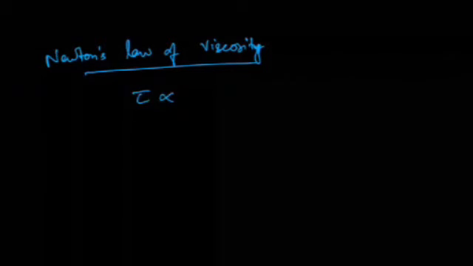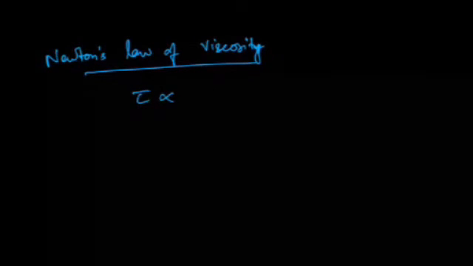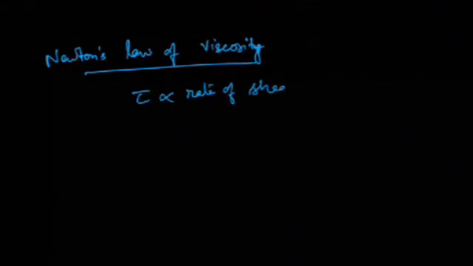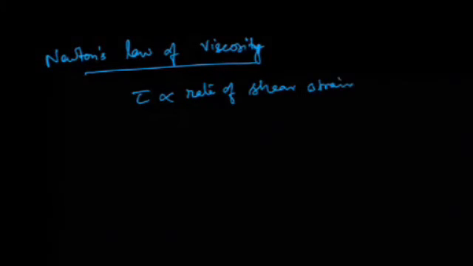Now we'll see the law which is related to viscosity, called Newton's law of viscosity. It states that the shear stress tau is directly proportional to the velocity gradient, or I'll say the rate of shear strain.